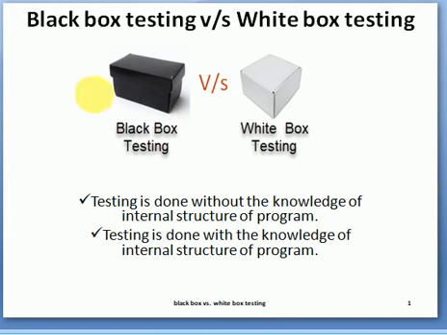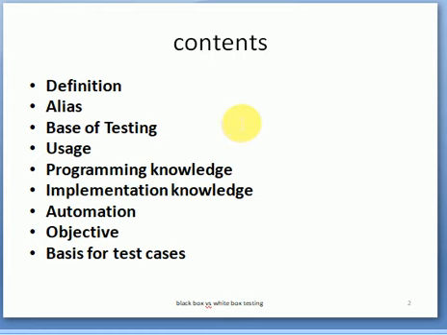So now let's move to the next slide. These are some contents which will be covered one by one. First of all, definition. Then we will see alias. Alias means another name of the testing.